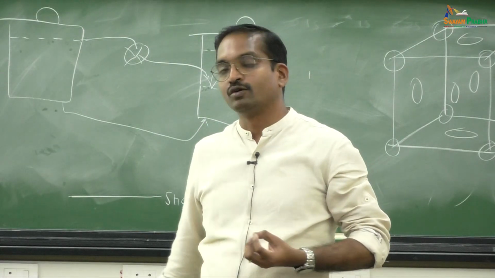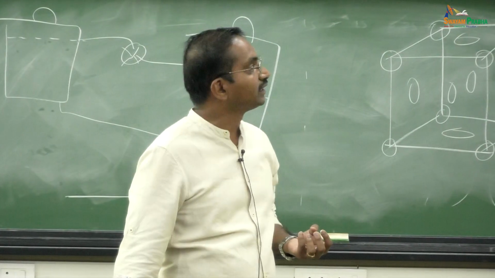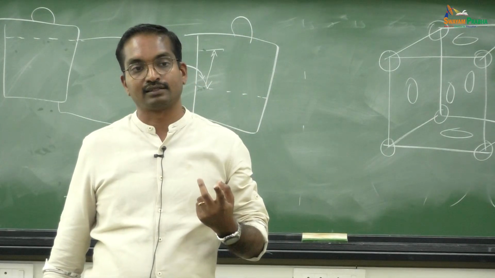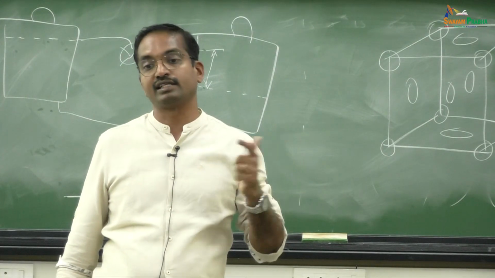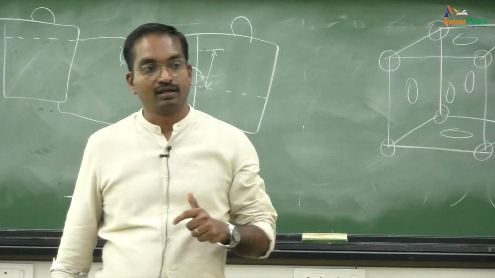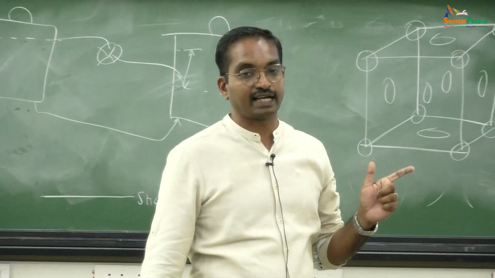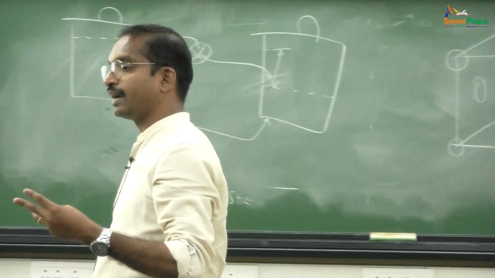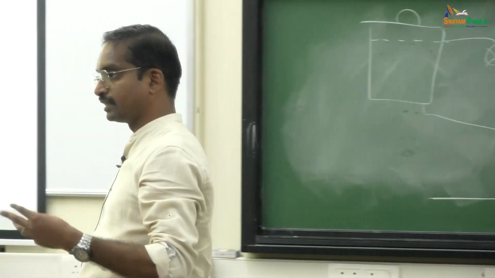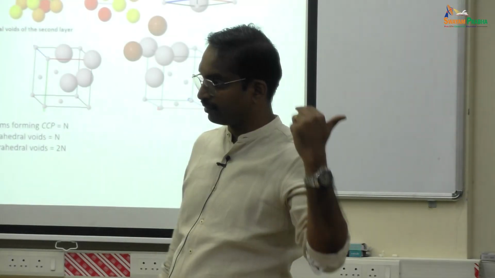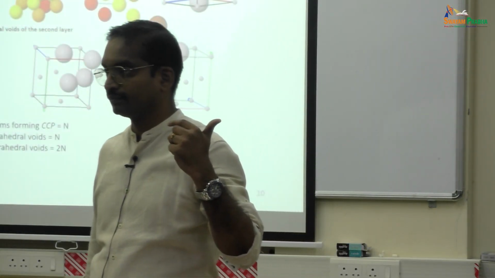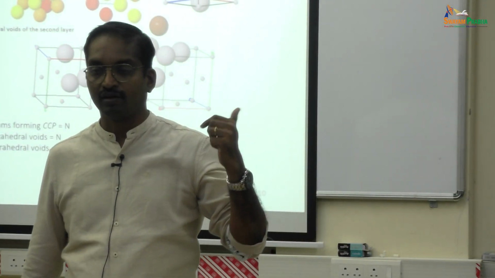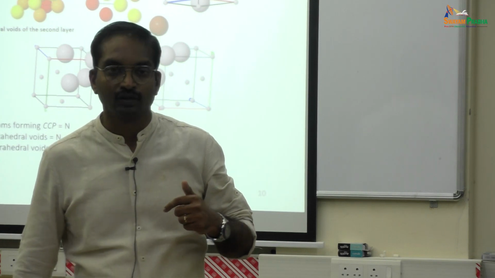So now you see the face center atom is shared by 2 lattices. So the contribution for the given unit cell is only half, right? There are 6 such atoms, and 6 times half becomes 3. So 3 atoms in the face center positions belong to the given unit cell. Am I right? What about the corner? 1/8.